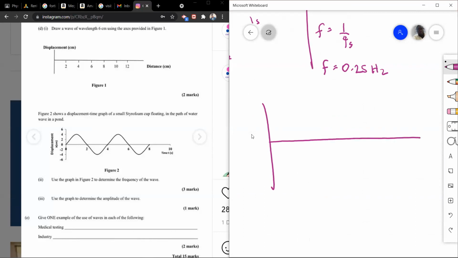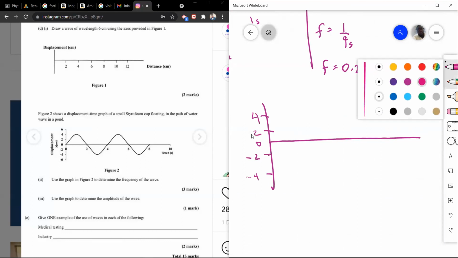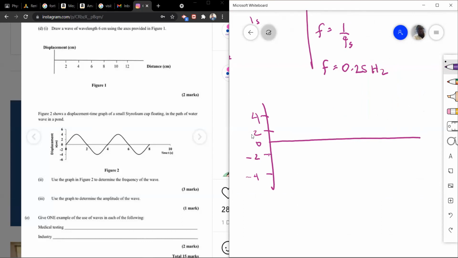You have 2, 4, minus 2, minus 4, and 0. What if this is the waveform you got? I would have got like this, like that, like this, and like that. What's the amplitude of this wave?